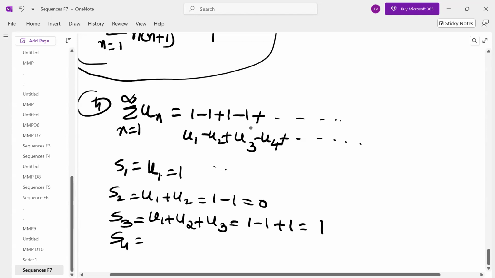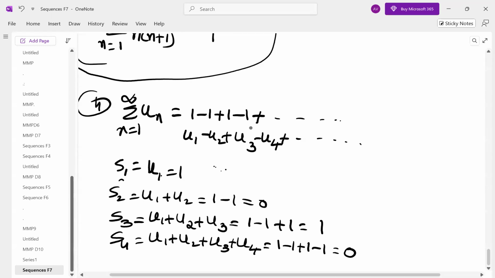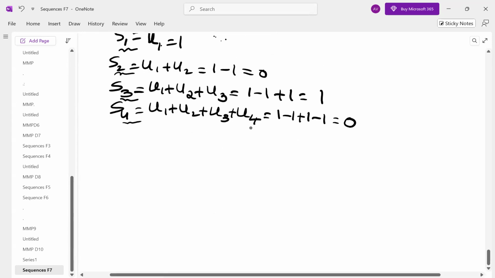S4 is 1 minus 1 plus 1 minus 1, which is 0. So for all odd suffixes, we are getting 1. For all even suffixes, we are getting 0. And so on. What will be your Sn? It will be 1 if n is odd, and it will be equal to 0 if n is even.